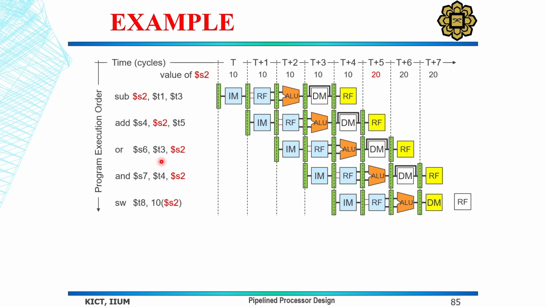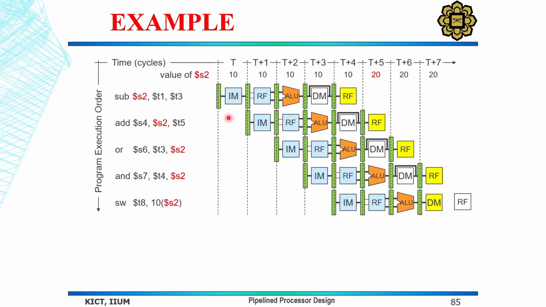Fourth is and $S7, $T4, $S2. In this program, the execution is in this order from 1 to 5. The common component is $S2, displayed here in red color. So this is the same register being used in all the instructions.